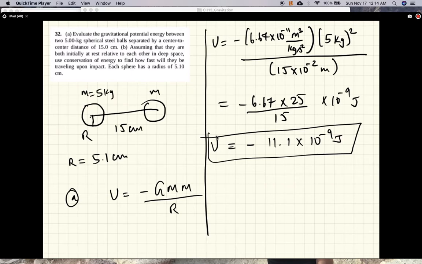Okay, so they're attracted toward each other and they'll fall toward each other, and they'll actually meet in the center since they have the same size. And the question is, at what speed will they impact?